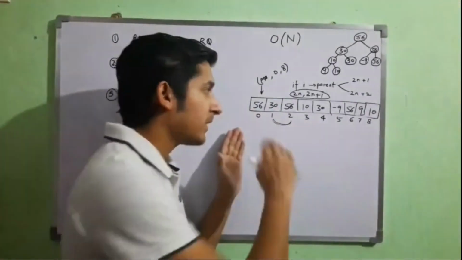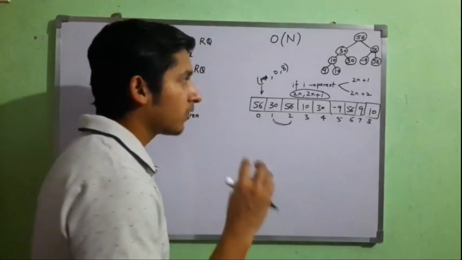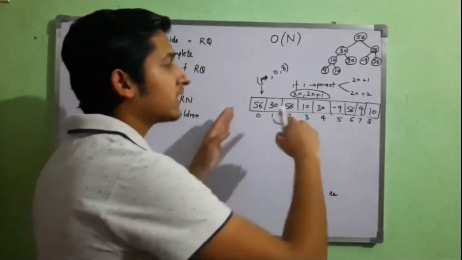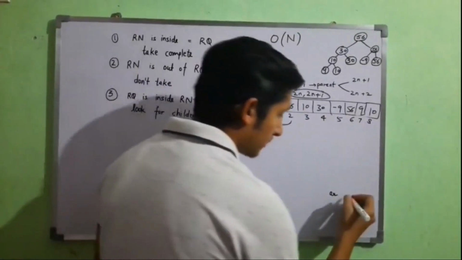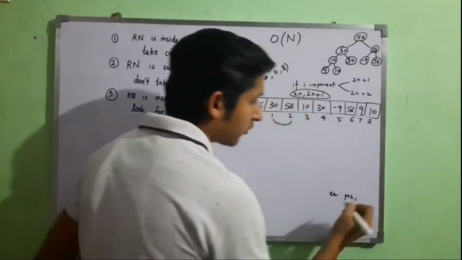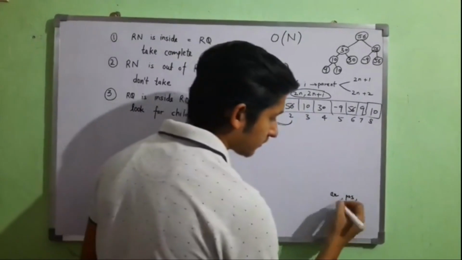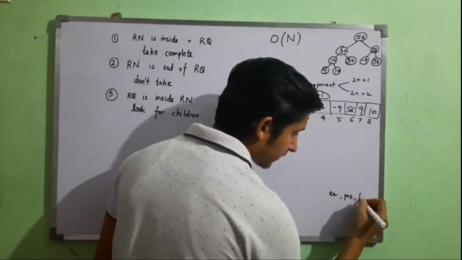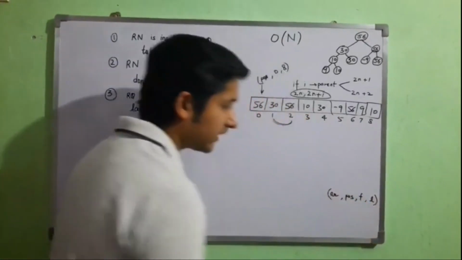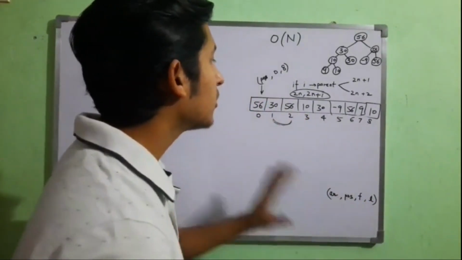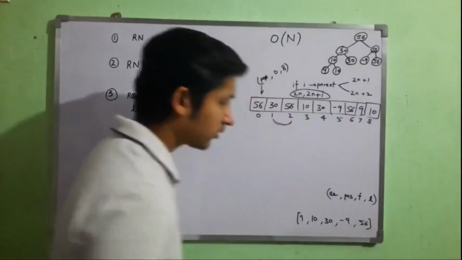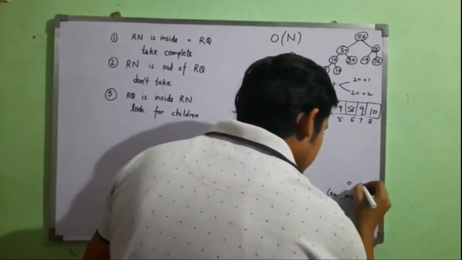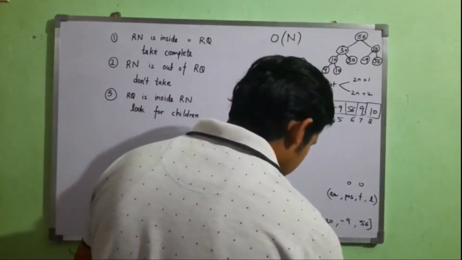Now when I will be making this array, I will be given 4 things. The array from which I will start making this, the position at which I am to fill the root node, okay? And the first index and the last index. Okay, these 4 parameters will be given to me to make this array, okay? Now, so I will be given this array and position equals 0 and first 0 and last 4.